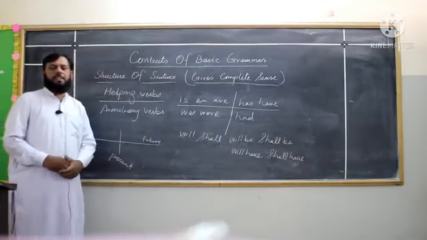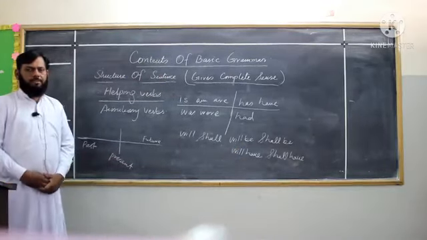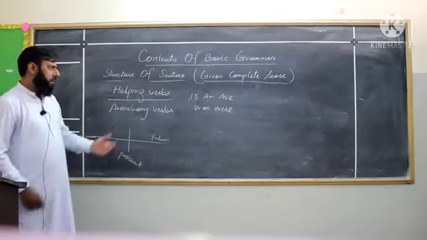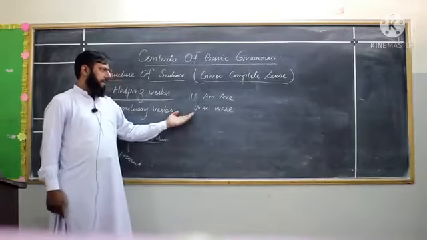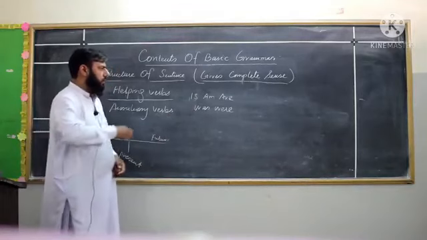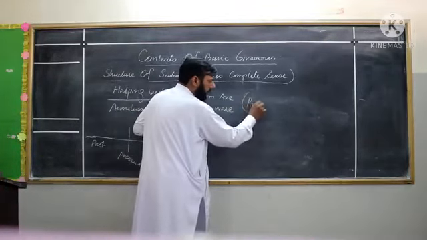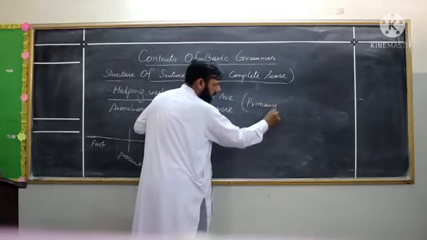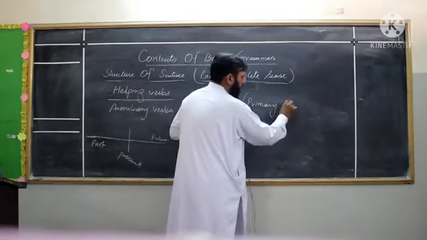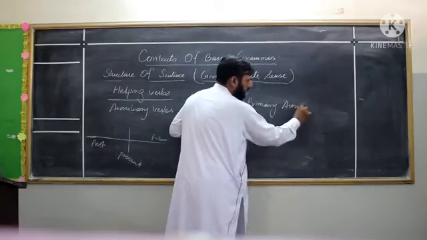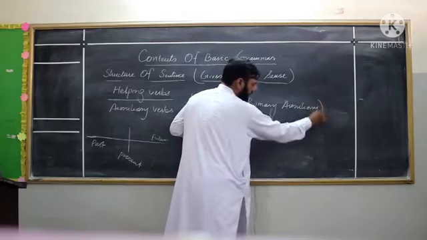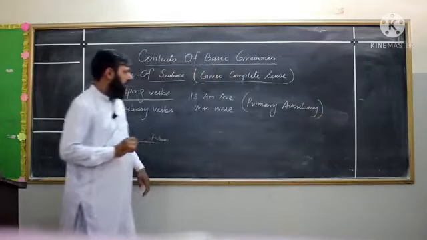The story is not completed yet. Look at another one. Now look at it step by step. Is, am, are, was, were, as I have earlier mentioned. In advanced English grammar we call them primary auxiliaries. Primary auxiliaries are 5.